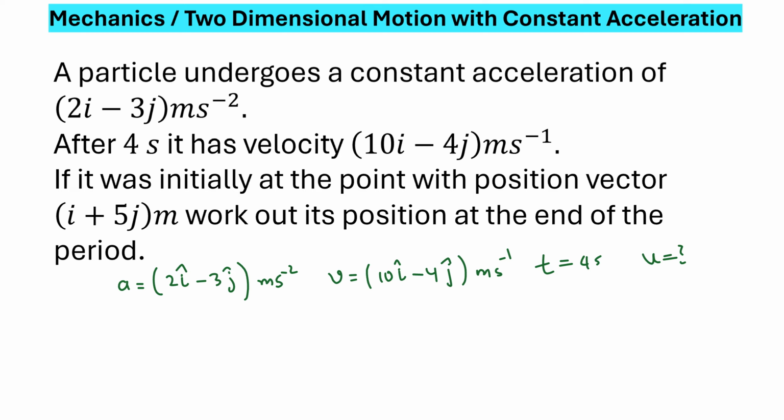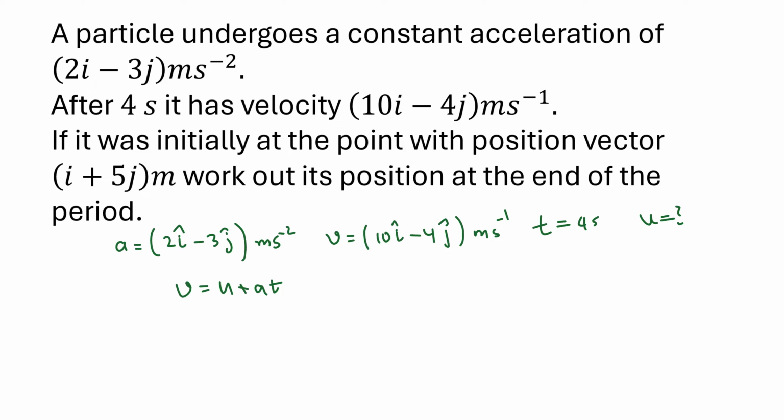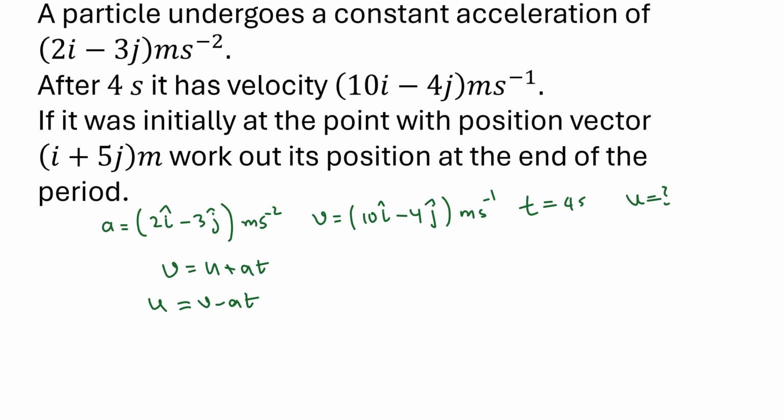Now I need to find out u, so I will use one of the standard formulas. That is v, the final velocity, is u, initial velocity, plus at. So v I know, therefore v minus at is equal to u.